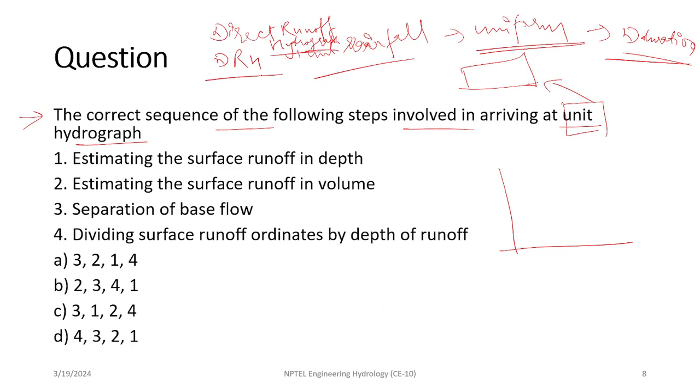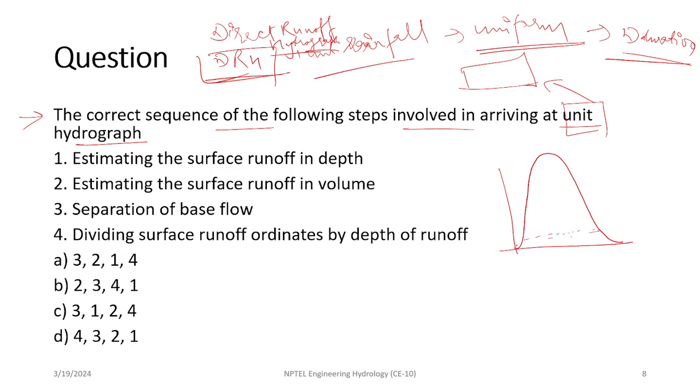But whenever we are getting the hydrograph, you may be getting the total runoff hydrograph. It won't be a direct runoff. If I am plotting the total runoff hydrograph, then you get a graph like this, which also includes the base flow.